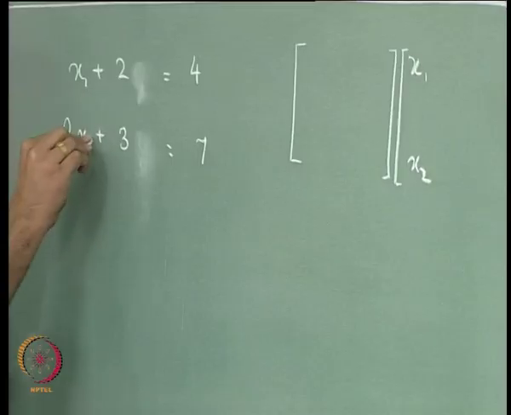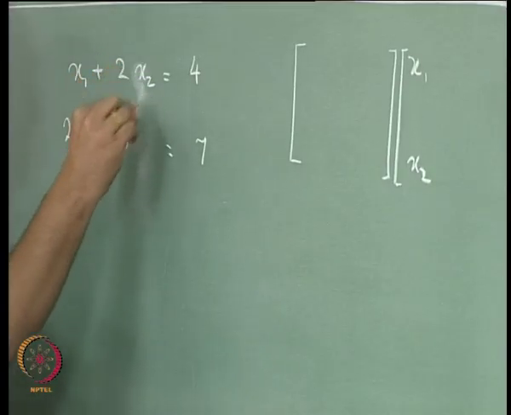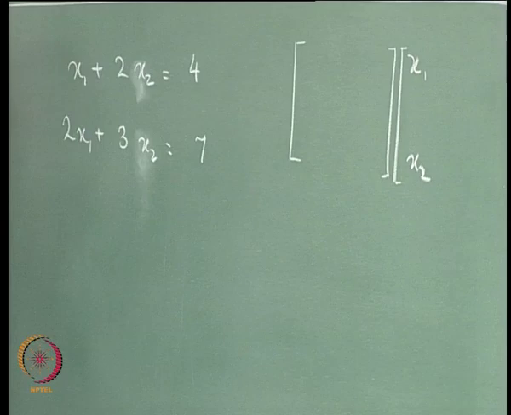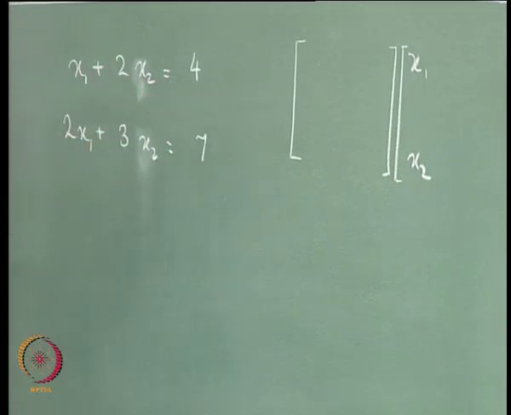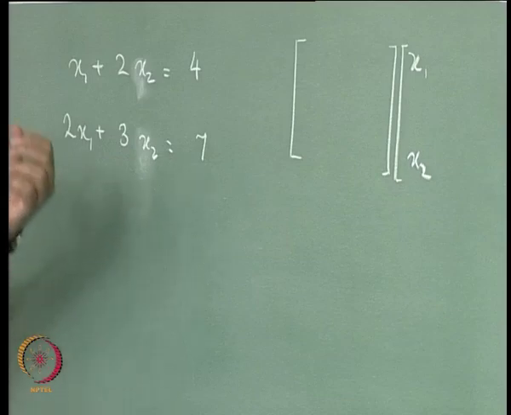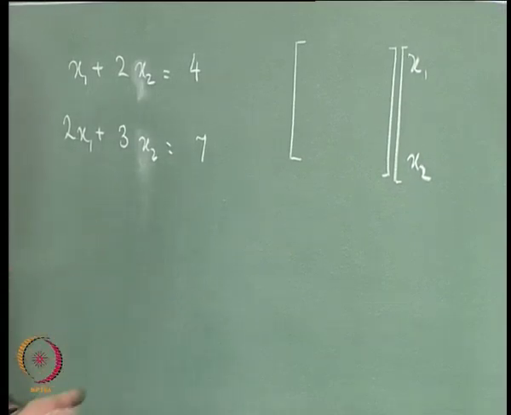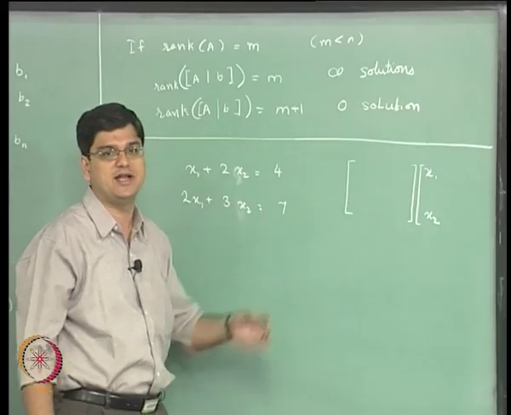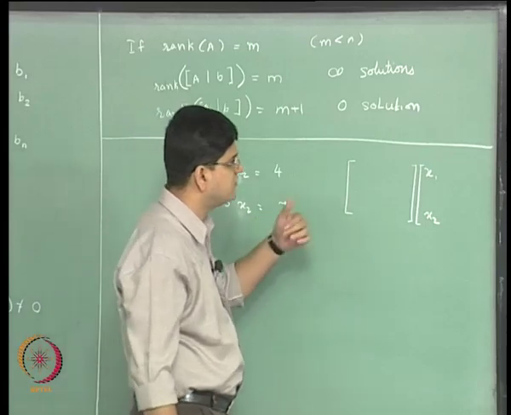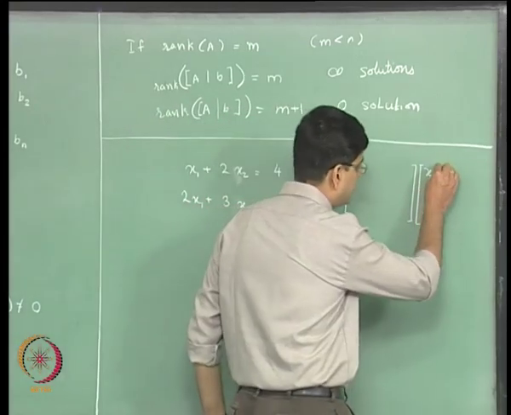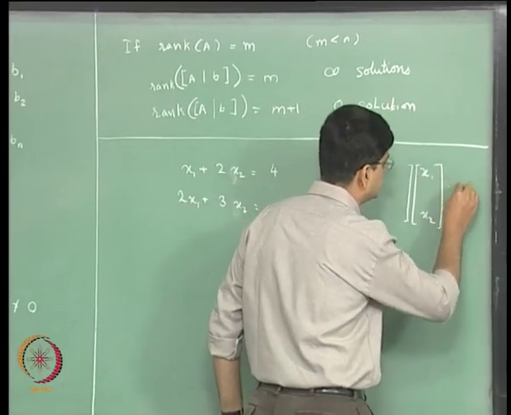So the two variables are going to be x1 and x2 instead of x and y. Nothing really changes in this equation by changing the variables, and I have changed them so that the extension to an n-dimensional system becomes very clear when we actually do that extension.